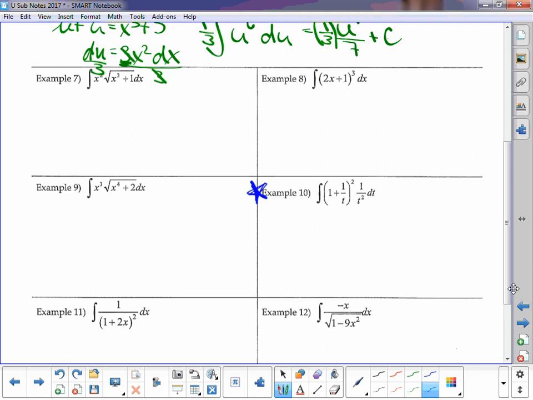Get rid of it. Can we just write this as t to the negative first? So 1 plus t to the negative first, squared, times t to the negative second dt, right? Okay, do that, because you know how to do your derivatives and antiderivatives better with a negative exponent than when it's in a fraction. All right, so give example 10 a try.